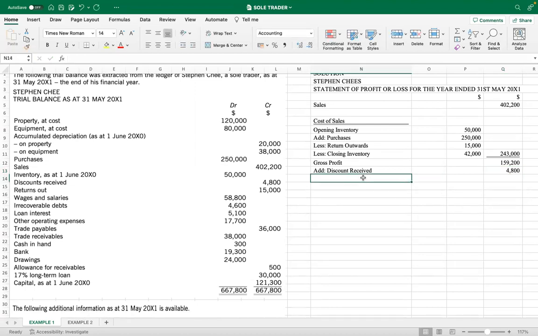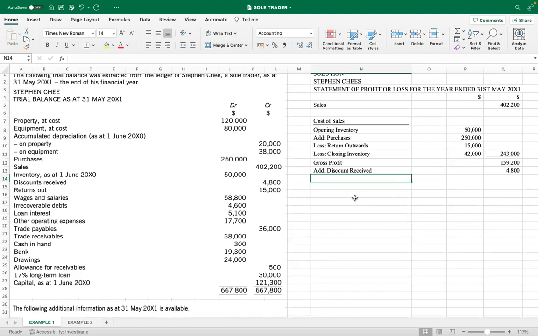Also, we look for provisions for bad and doubtful debts. If you find there is a decrease in provision for bad and doubtful debts, you add it to the gross profit. If it's an increase, you add it to the expenses. I'm repeating, you check on provisions for bad debts, or allowance, you can call it allowance for bad and doubtful debts.